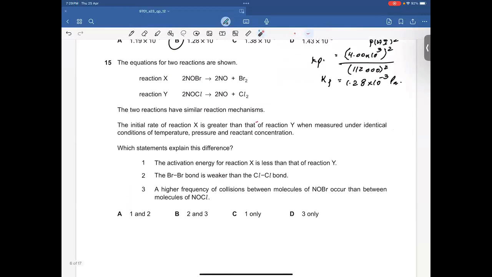Now, question number 15. The equations for the two reactions are shown. The two reactions have similar reaction mechanisms. The initial rate of reaction X is greater.